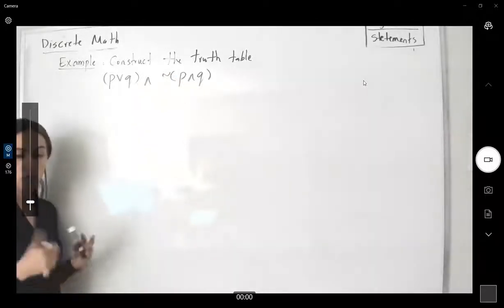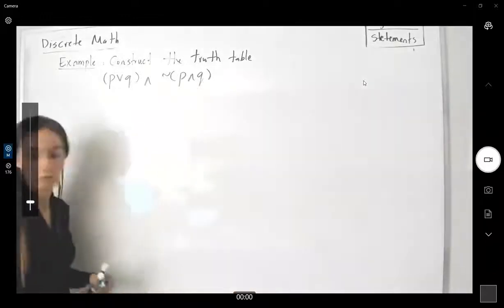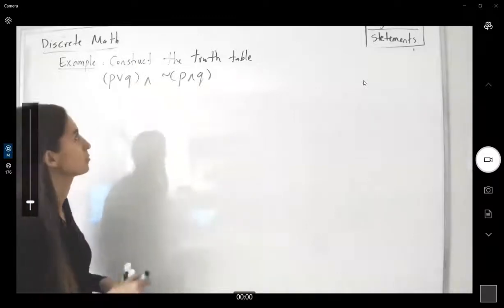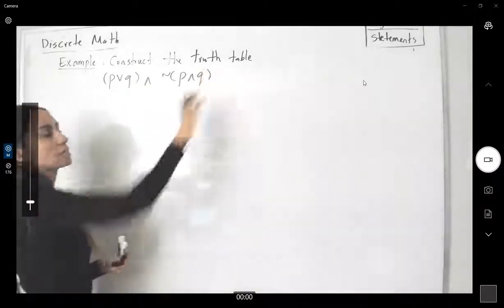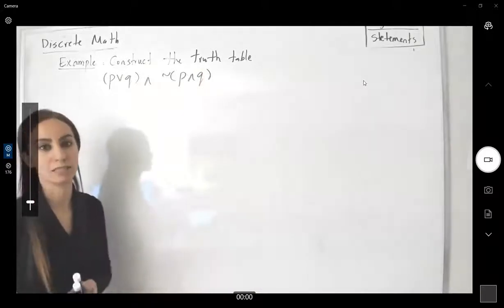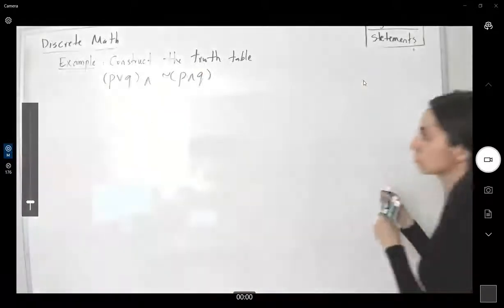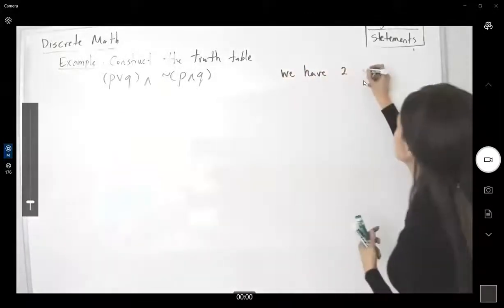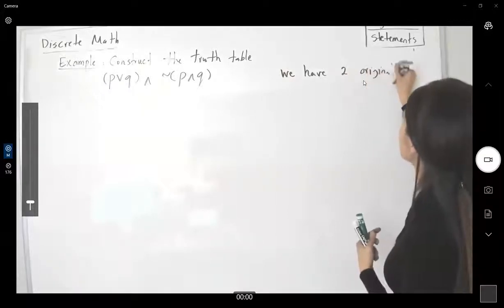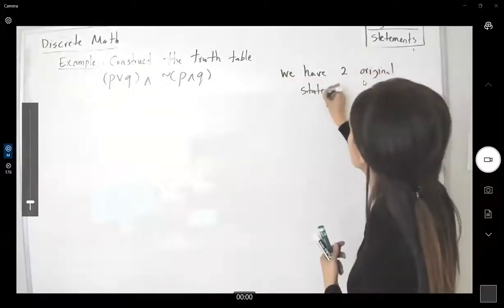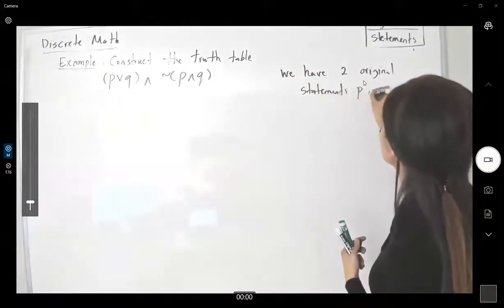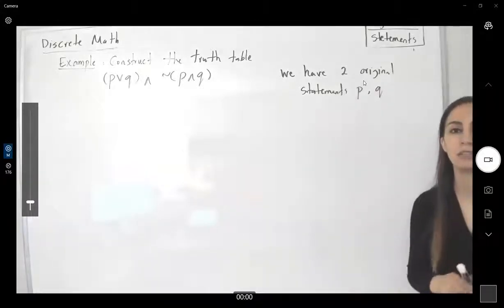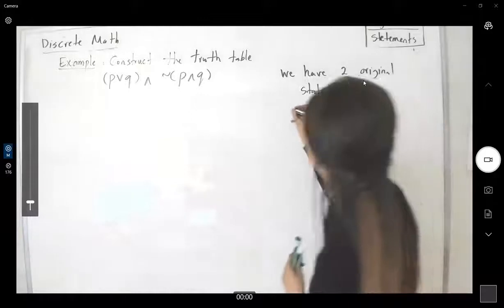Okay, well, how many statements do we have? Original statements, we have P and Q. The rest of them are compound statements. So we have 2 original statements, P and Q. Well, how many combinations do we get? We get 4 combinations.